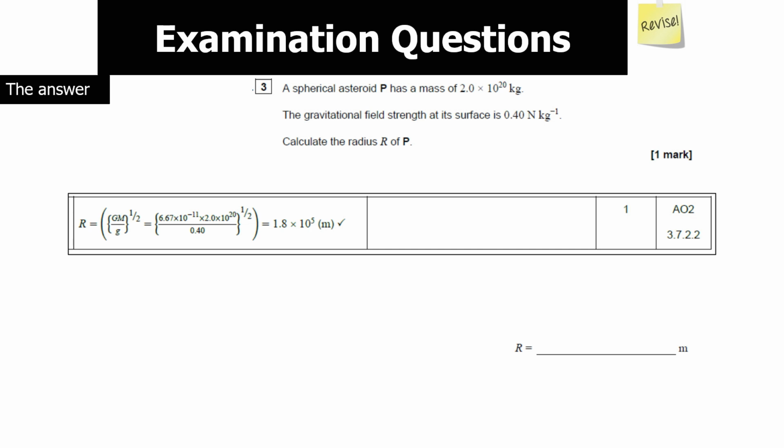You've then got the value of the gravitational constant from your equation sheet, you've got the value of the mass in the question, and you've got the gravitational field strength little g in the question as well. So you put in all the values, work it through, and you get 1.8 times 10^5 meters.